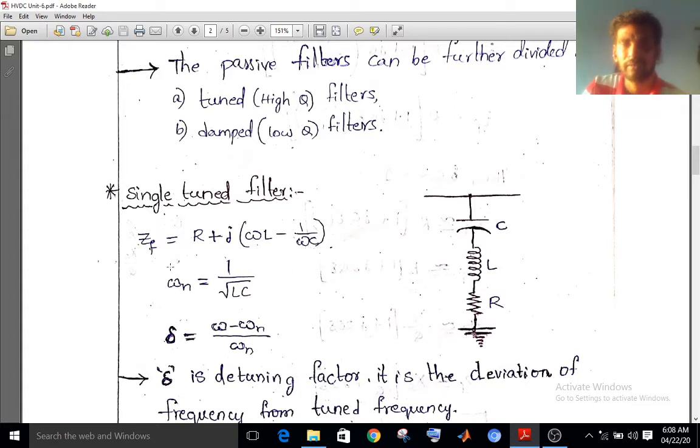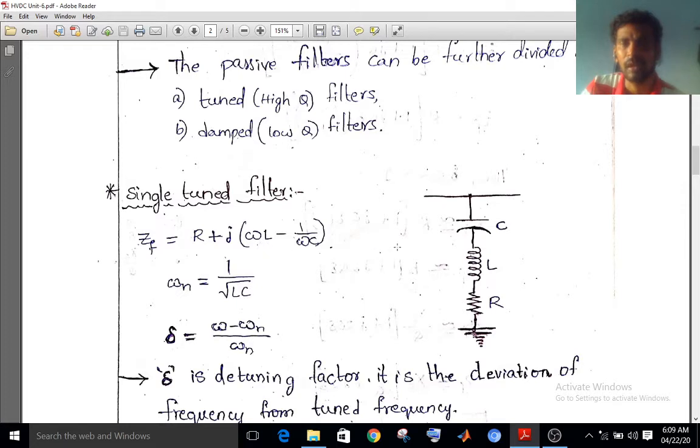For example, let my tuned frequency be omega n. At the tuned frequency, this circuit must be under resonance. Under resonance, the reactive part must be equal to 0.